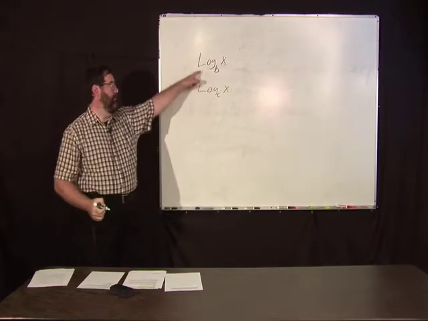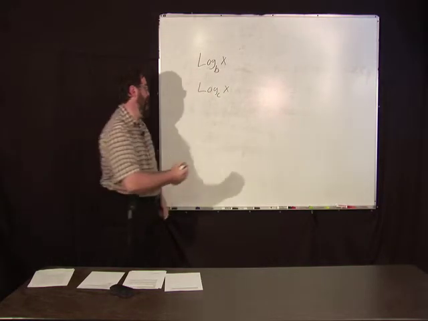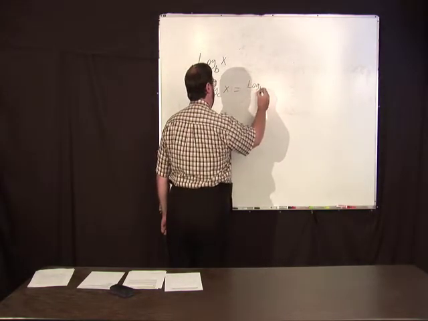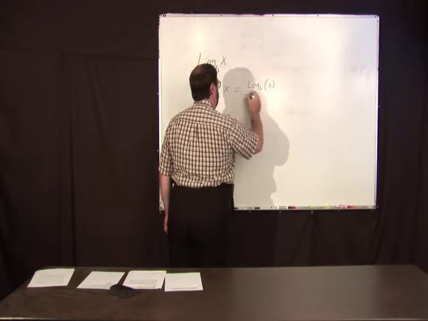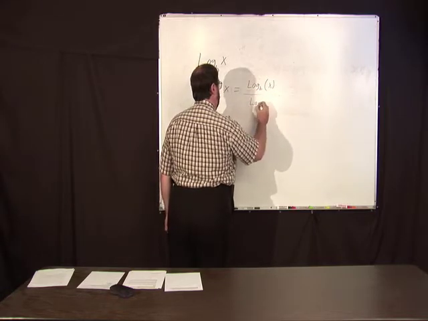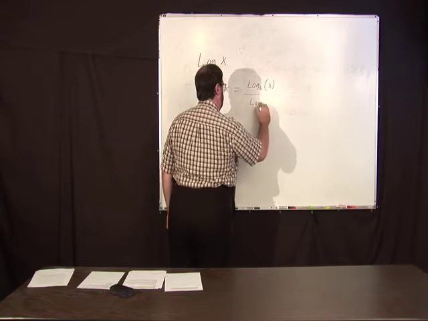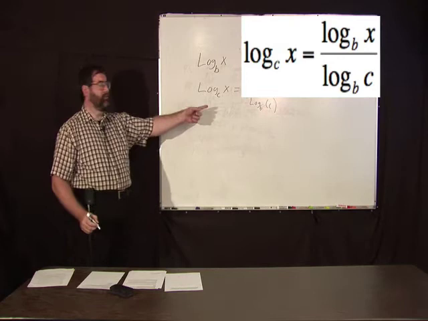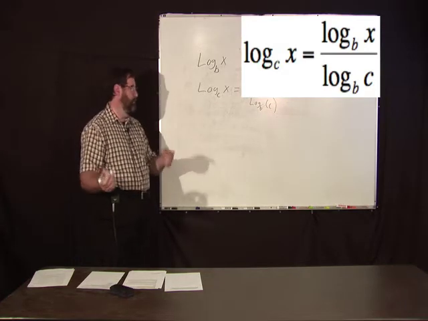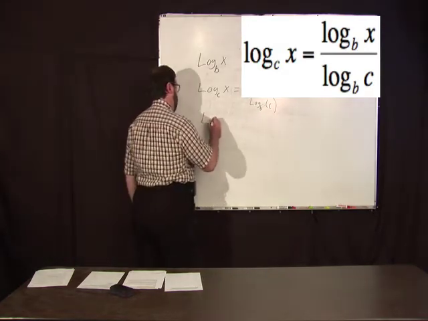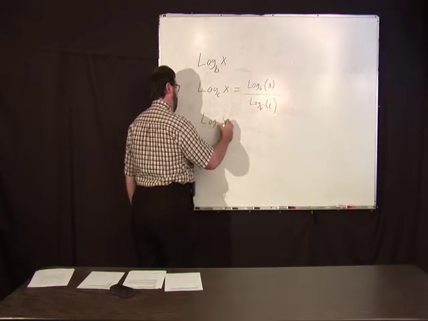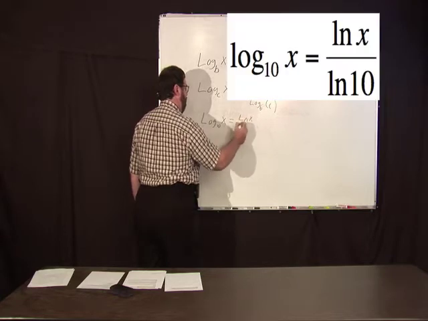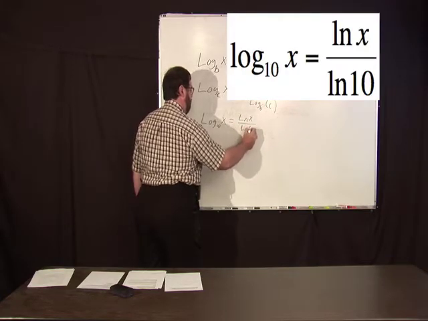How do you get that if you know this? Well, it's easy. You take the log base b of x and you divide it by the log base b of c. So if you want to go from the natural log in particular to log base 10, log base 10 of x equals ln of x divided by the ln of 10.